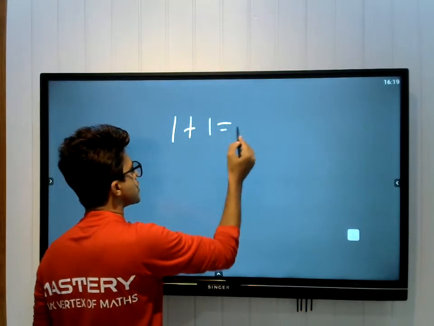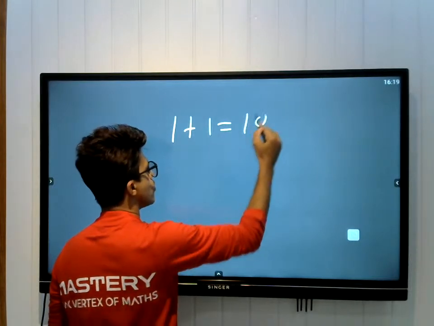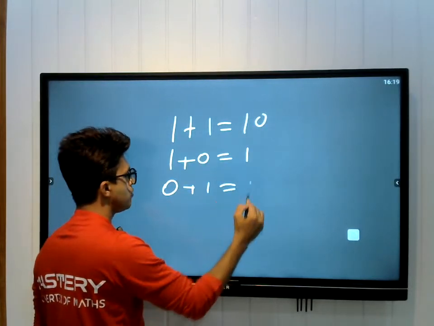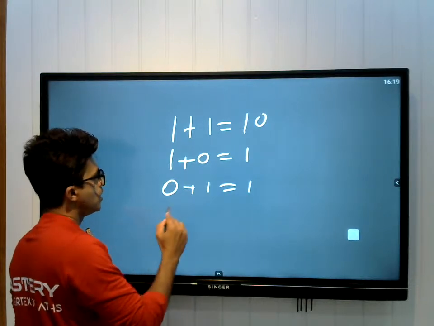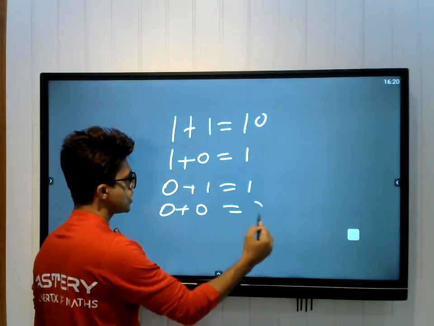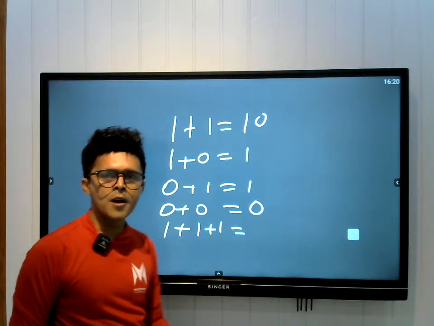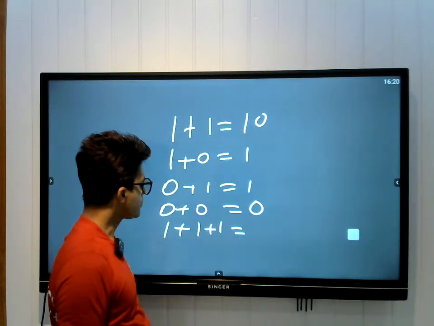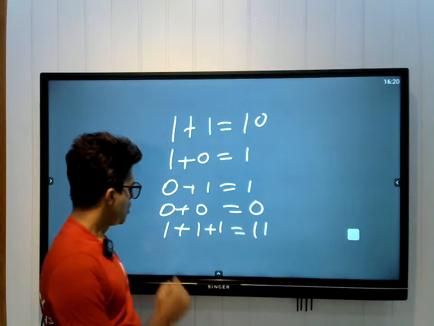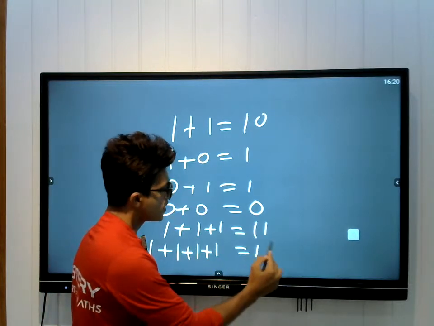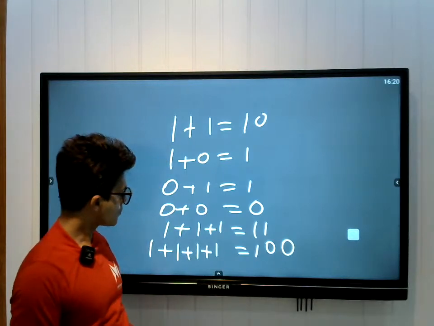1 plus 1 is, we don't write 2, it's 1, 0. 1 plus 0 is 1. 0 plus 1 is 1. 0 plus 0 is 0. 1 plus 1 plus 1 is 1, 1. 1 plus 1 plus 1 plus 1 is 1, 0, 0.